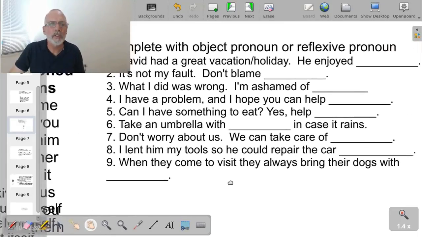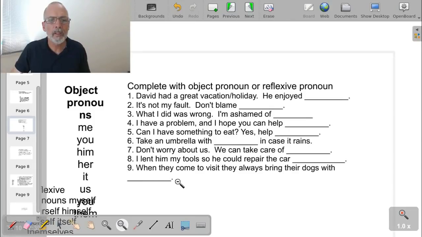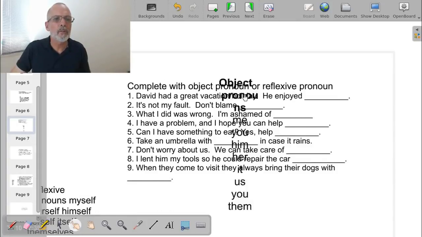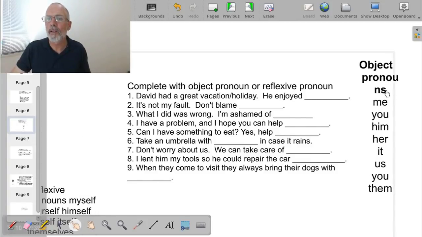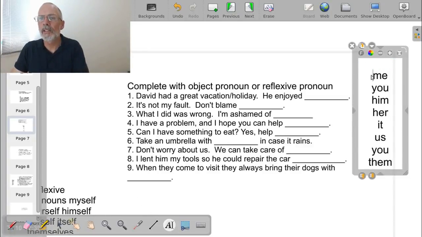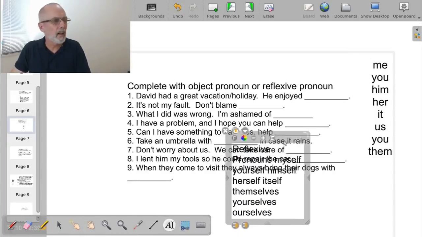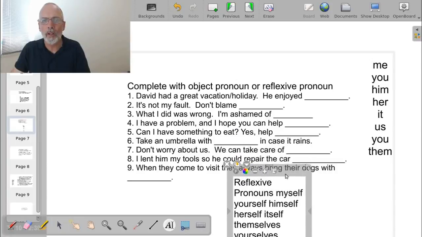So we've got some questions here. Unfortunately, I've got to make it smaller. Hope you can see it if you're on a cell phone. It's a bit tricky arranging everything here. So we've got these are the object pronouns, and these ones here are the reflexive pronouns.